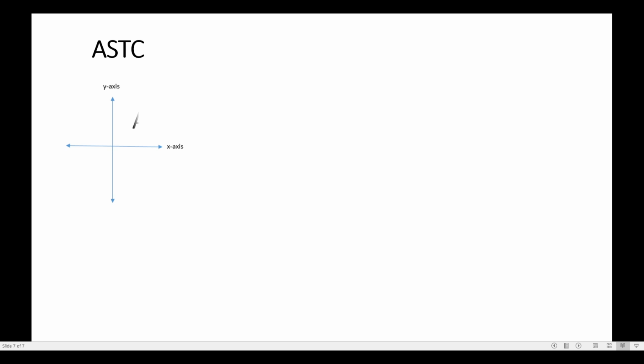A means all functions are positive in quadrant 1. S means only the sine function is positive in quadrant 2. T means only the tangent function is positive in quadrant 3. And C means only the cosine function is positive in quadrant 4.